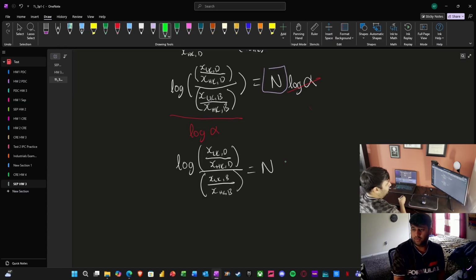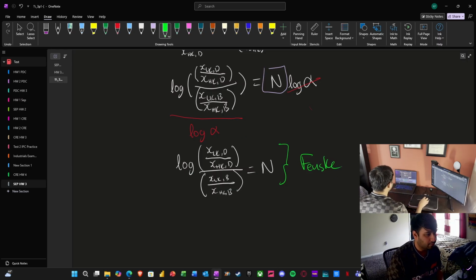So we successfully got our Fenske equation. Now we're going to head over to our Underwood.